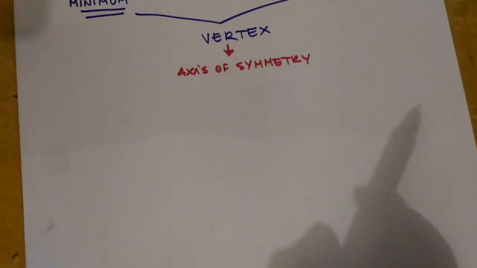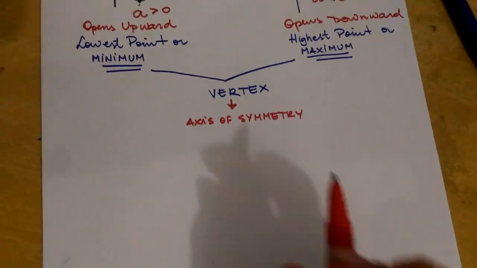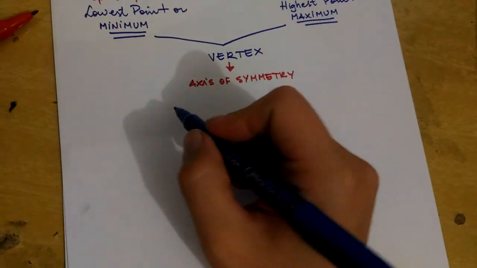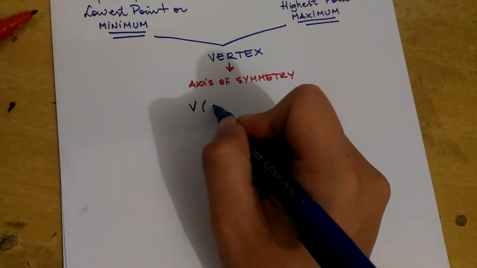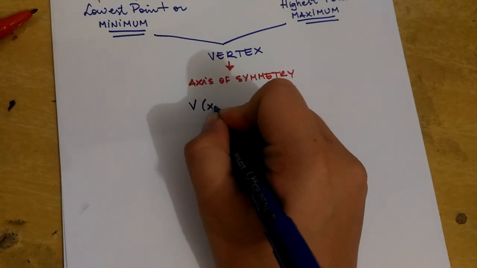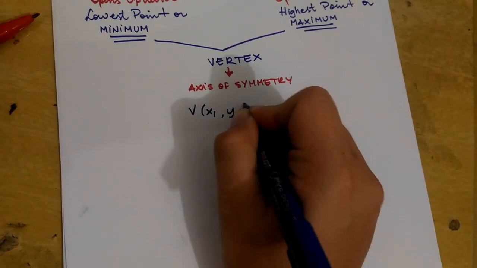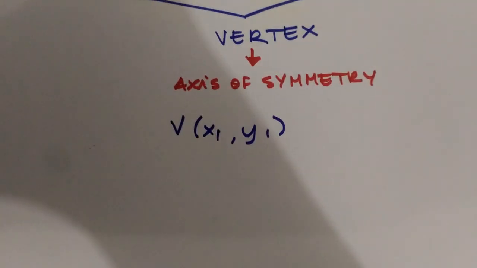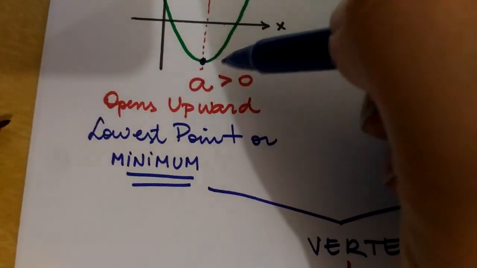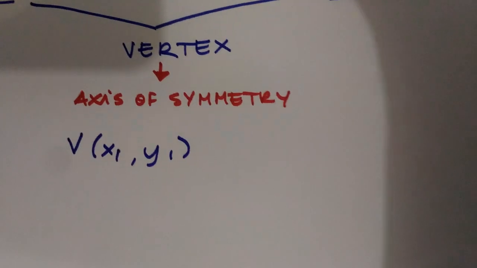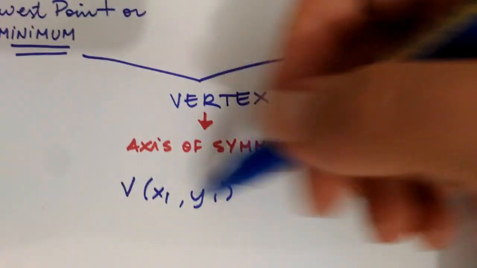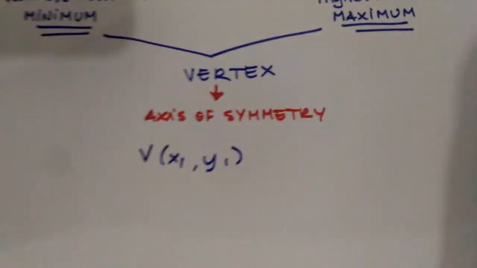So moving on, let's think that the vertex is composed of an ordered pair, because the vertex is a point, right? It's the minimum point here, and it's the maximum point here. So how do we know what ordered pair this is?